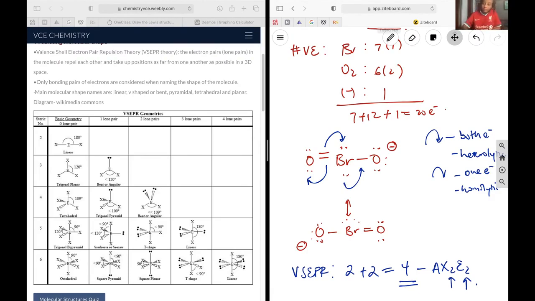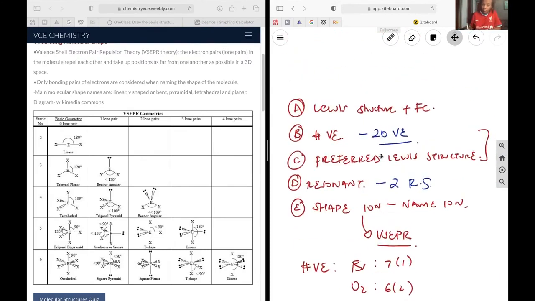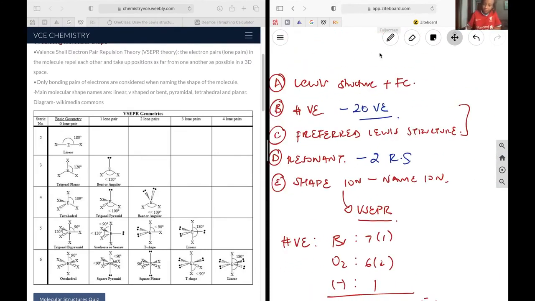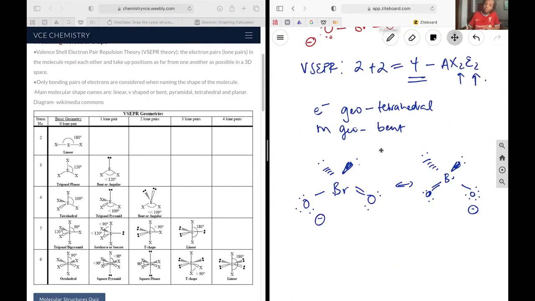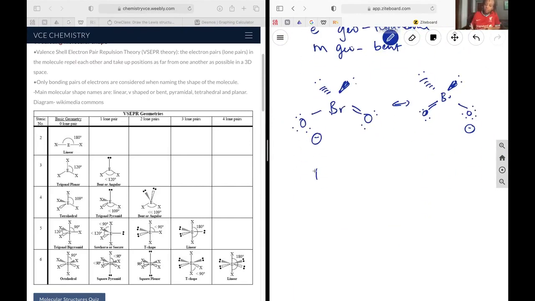Okay, so now that I have that, I'm going to scroll right back up. So the shape of the ion is going to be bent. And lastly, we need to figure out the name of the ion. So for my central atom, it's bromine.